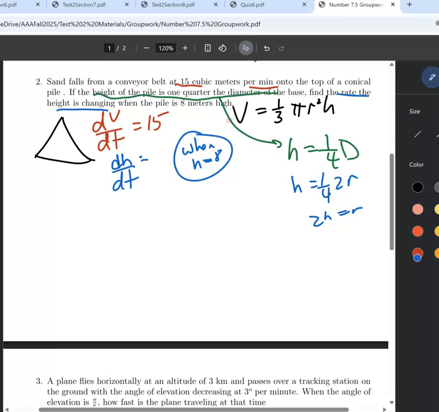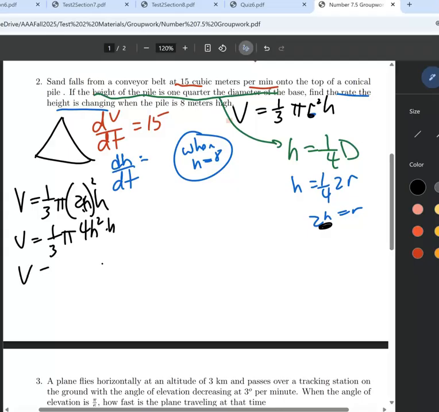Then I'm going to take this and substitute it in. Volume is 1/3 pi times 2h squared times an h, right? So replace r with 2h, and I'm going to square it before I take the derivative. That gives me 4h squared times an h. Now, after I simplify it, I want to take the derivative.